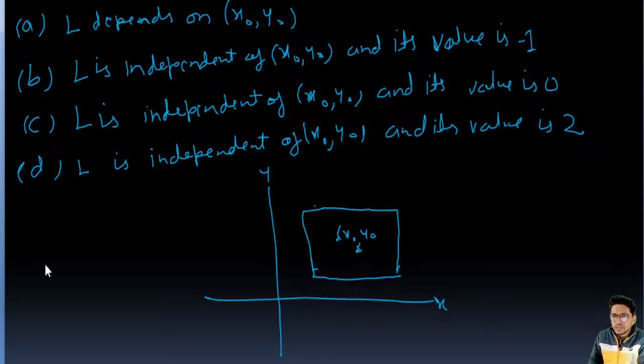So this is also a very easy question. We can easily solve it by using Stokes theorem. We need to find the value of the integral L, that is A dot dl. I'll draw again.